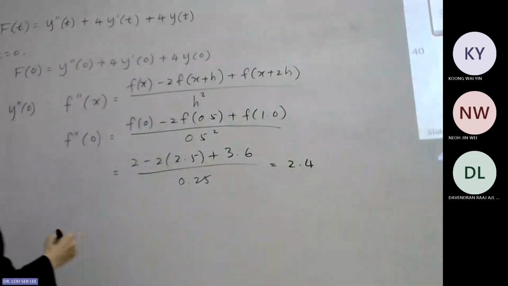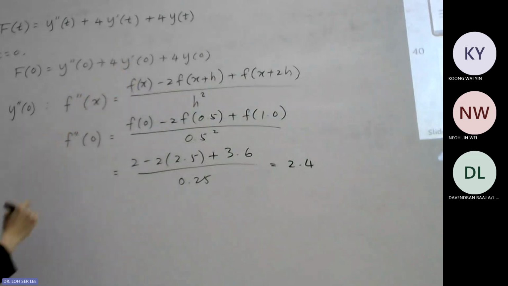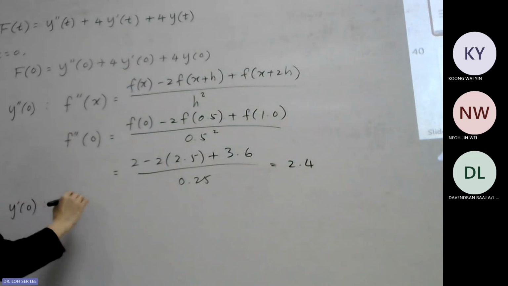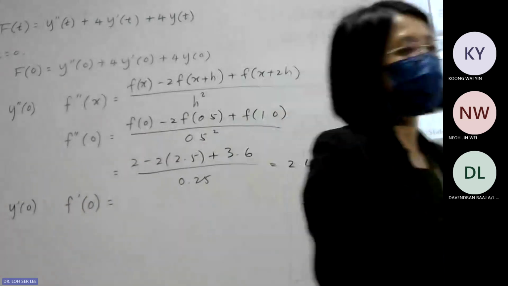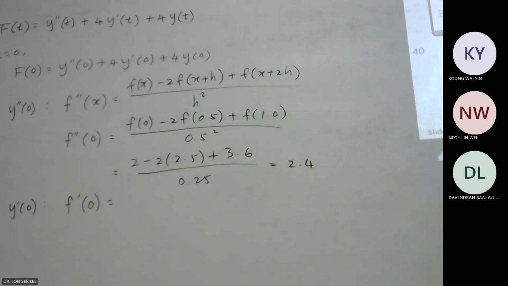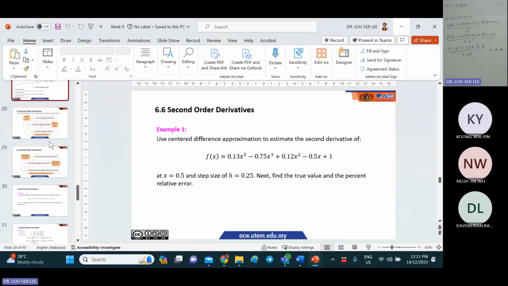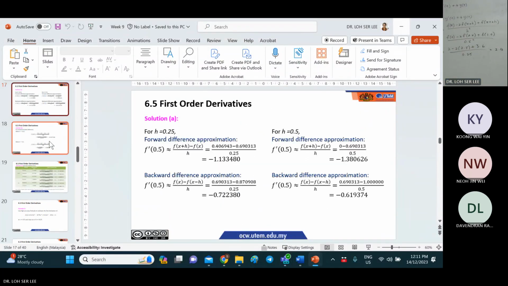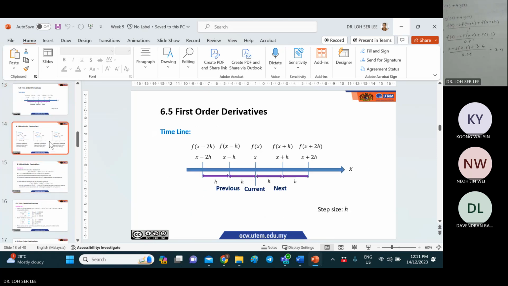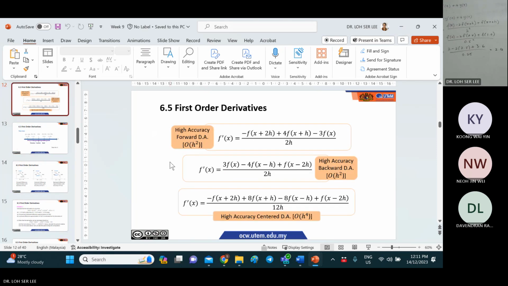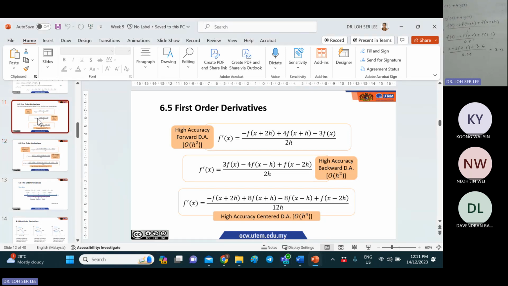Then to get y prime 0, that means we need to use the formula of first order. Now we look at the formulas of the first order.